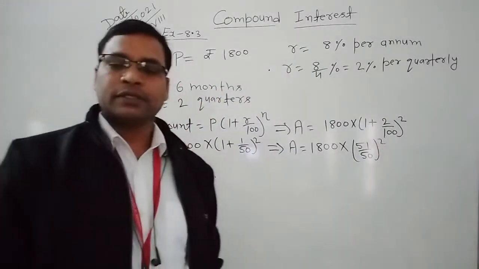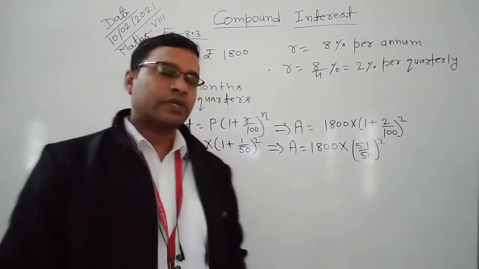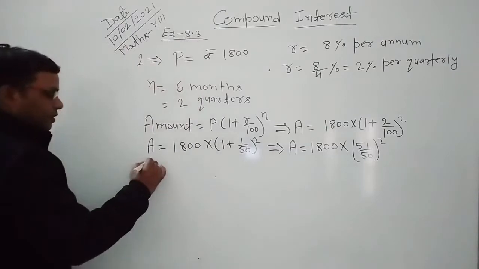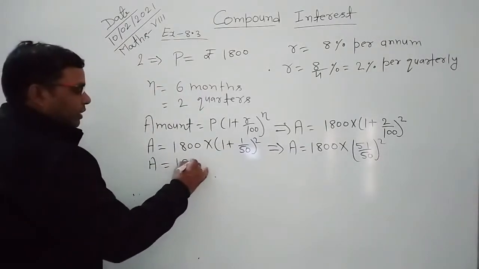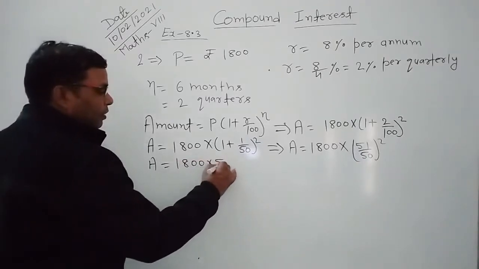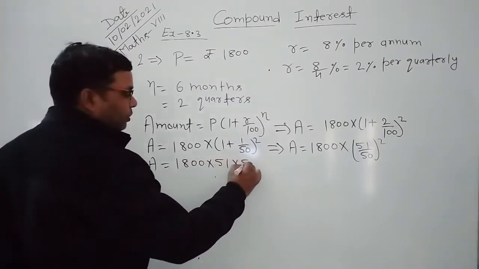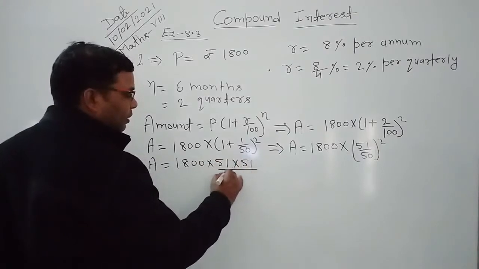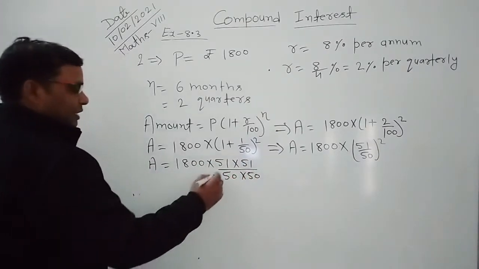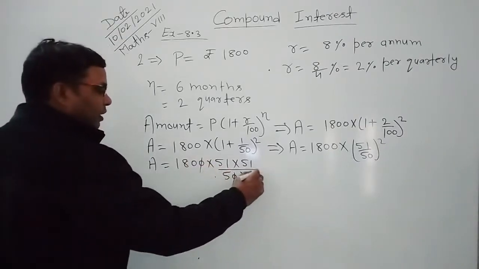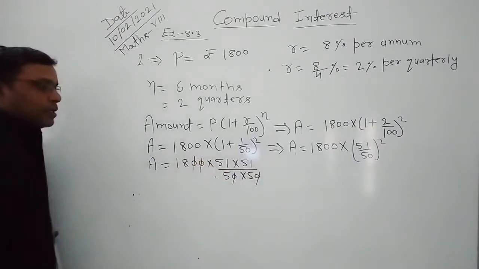This is clear. So you can write it like this: amount is equal to 1,800 into 51 into 51 divided by 50 into 50. You can cancel it, a 0 from here and a 0 from here.